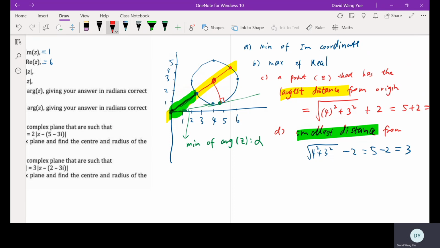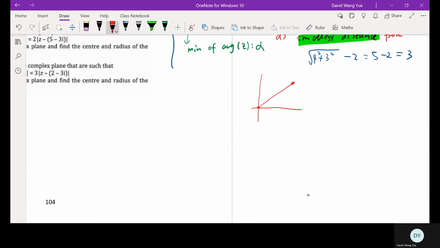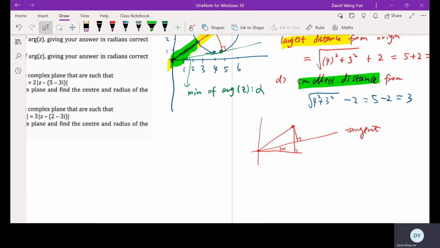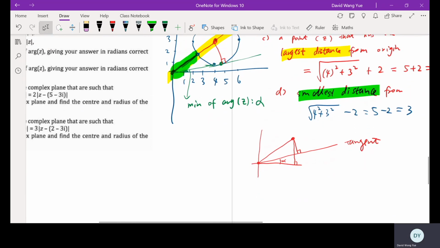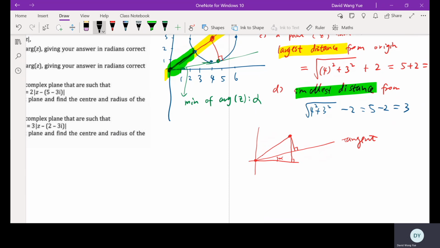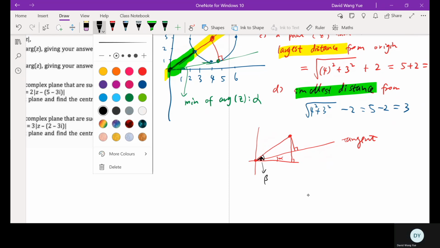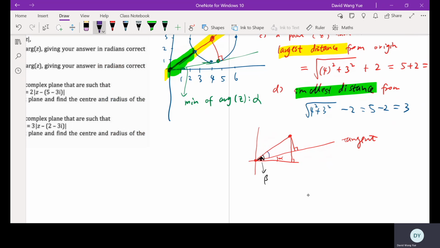Now, if I copy this to here, basically you have, if this is the tangent, and this is alpha, okay, so as you can tell, this alpha is equal to the bigger angle, let's call it beta, minus the small angle, let's call it theta.